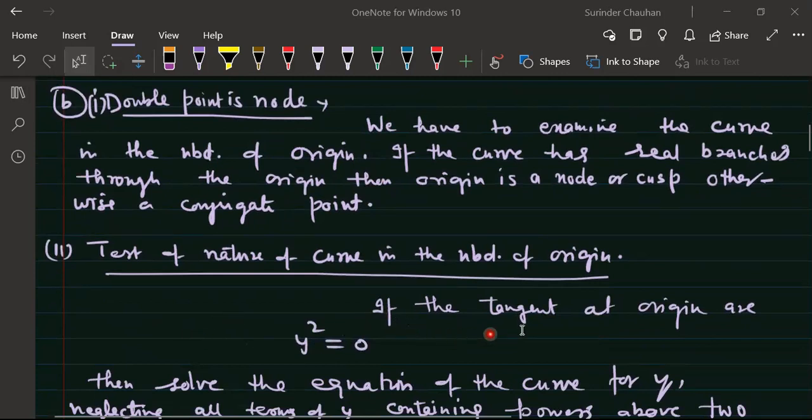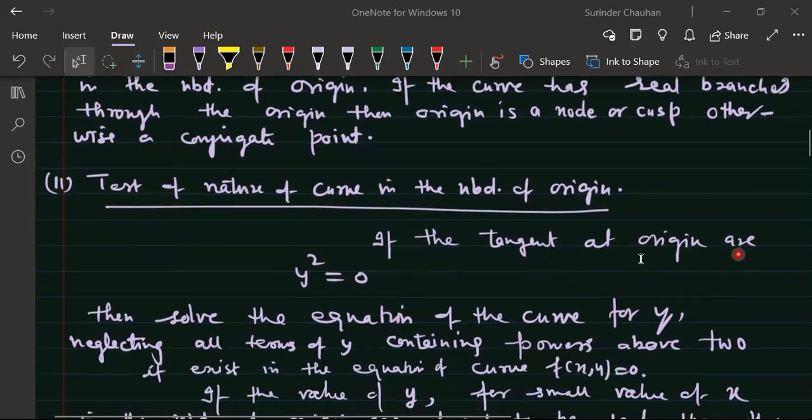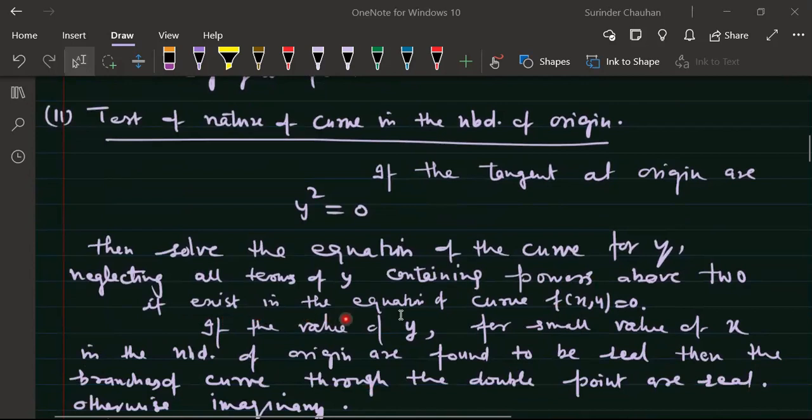Suppose the tangents at the origin are given by y squared equal to 0. Then solve the equation of the curve for y, neglecting the terms of y whose power is greater than 2, if they exist in the equation of the curve.